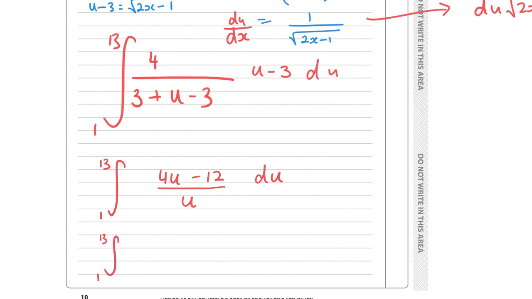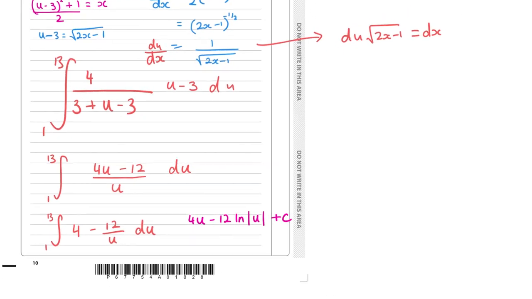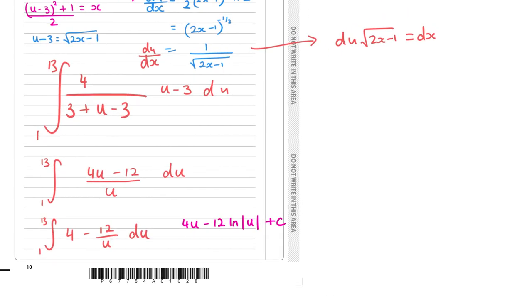Remember, go back to GCSE. 4u over u is just 4 minus 12 over u with respect to u. Now I can integrate. So now I'm going to have 4u minus 12 ln modulus of u plus c. However, do we worry about the plus c if we're going to start substituting in? No. So I'm going to substitute in between 13 and 1.